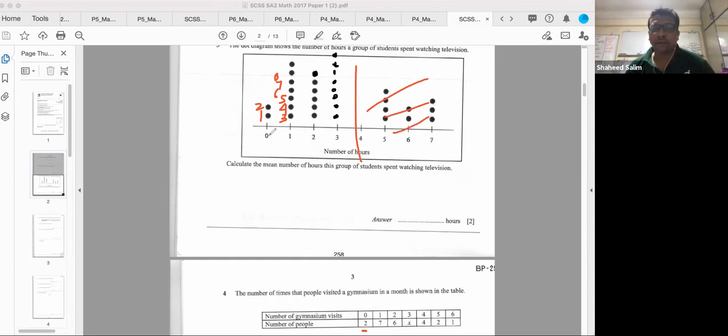This one got 7. Okay, this one 1 to 2. Correct or not? 3, 4, 5, 6, 7, 8, 9. Okay, never mind. But you understand what I'm doing, not? 10, 11, 12, 13, 14, 15.